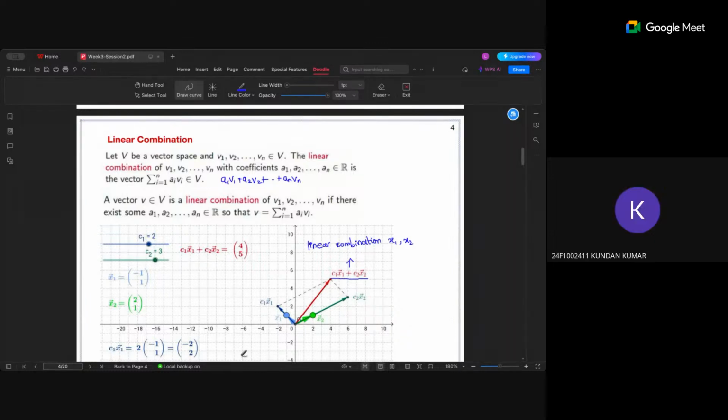Infinitely many. What about R3? Same, infinitely many points. You take matrix spaces, again, so many points are there. So now the spaces are huge. How are we going to study these huge spaces?